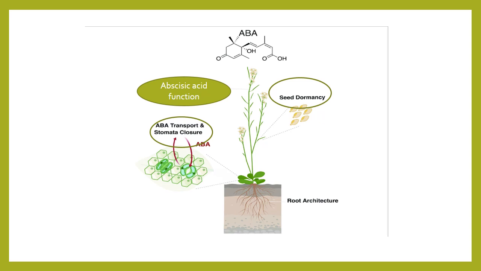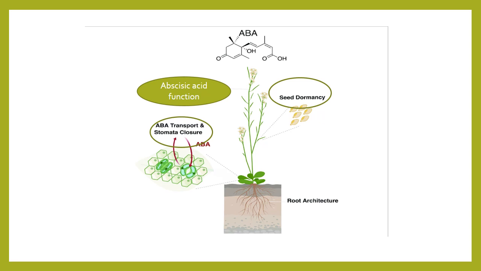The plants control the movement of the stomata, opening and closing, and seed dormancy through abscisic acid. Now I will tell you a story. Whenever the plants are in a problematic condition, the seeds will never germinate. So what will they do?